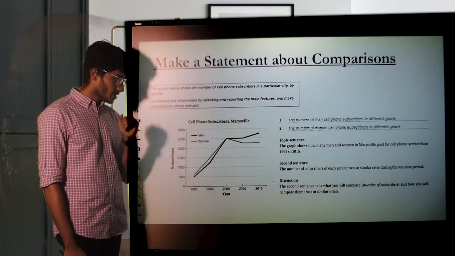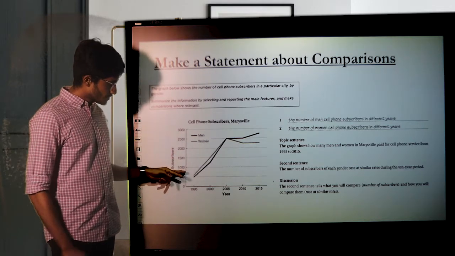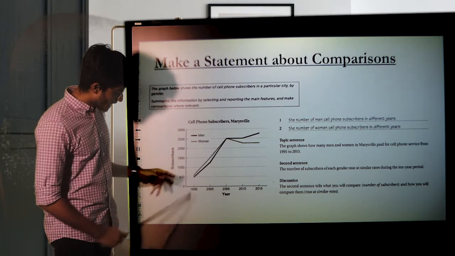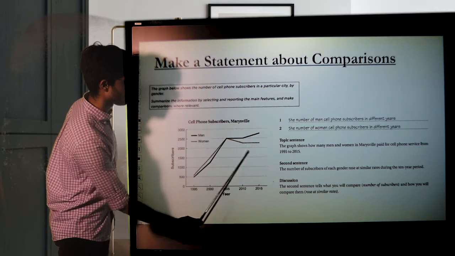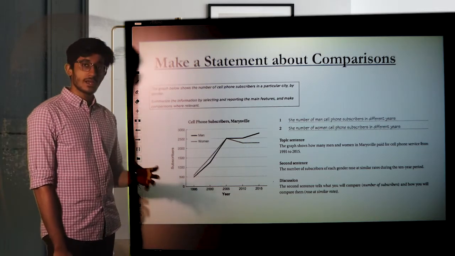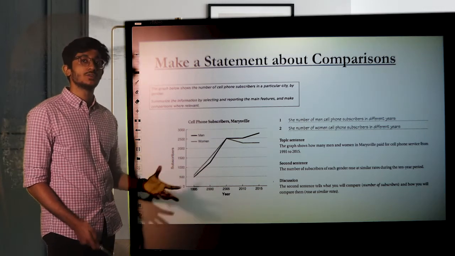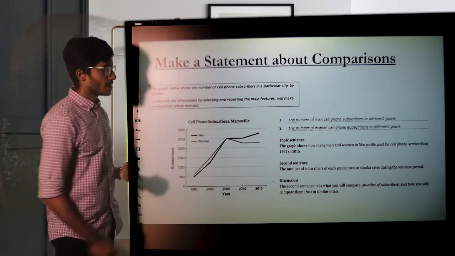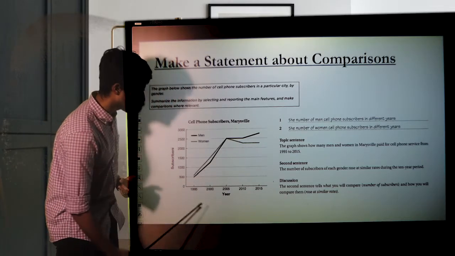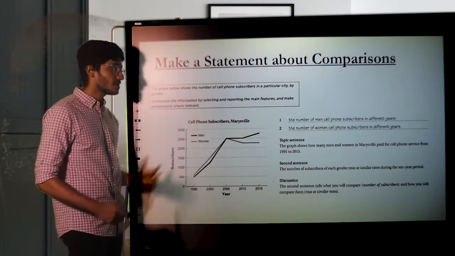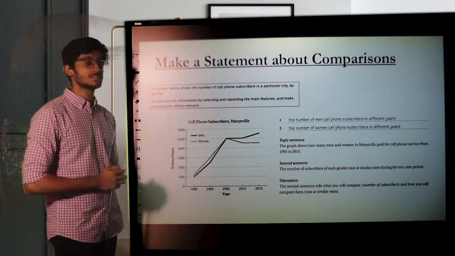The second sentence is telling you that, as you can see, the men and women lines are very close. Here you are in fact making a comparison, but what sort of an insight can you give? The number of subscribers of each gender rose at a similar rate over the 10-year period. This is a probable second sentence or statement about the comparisons that you can have.